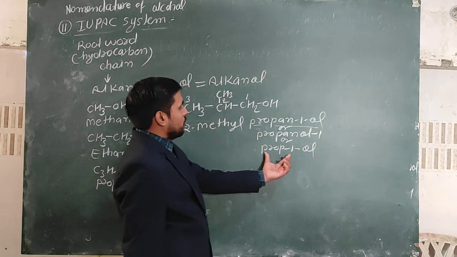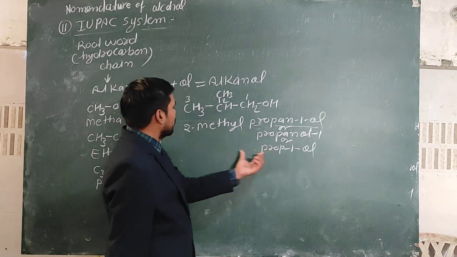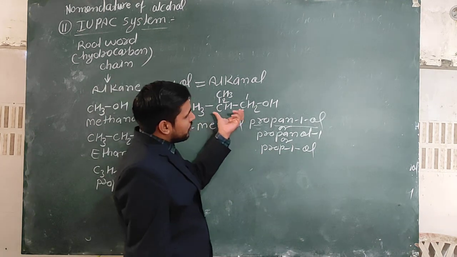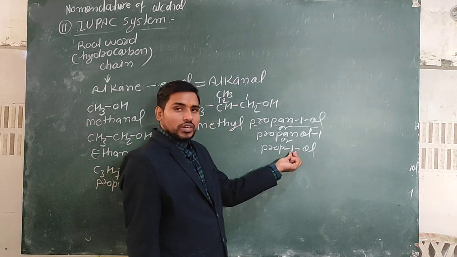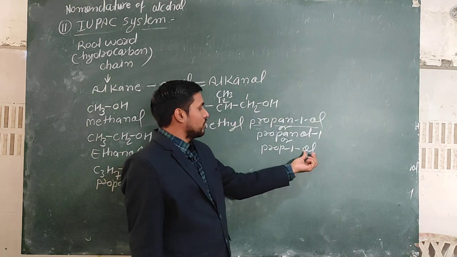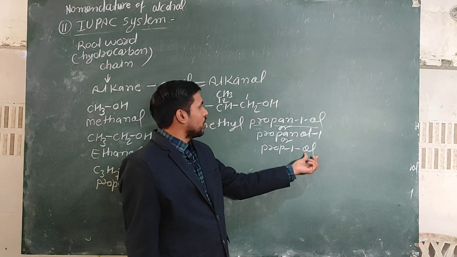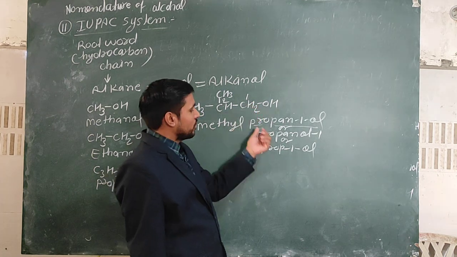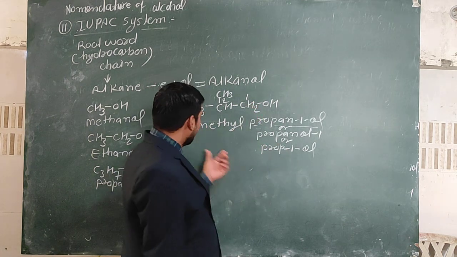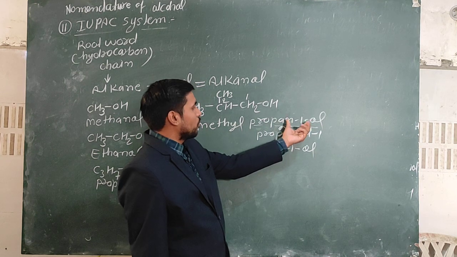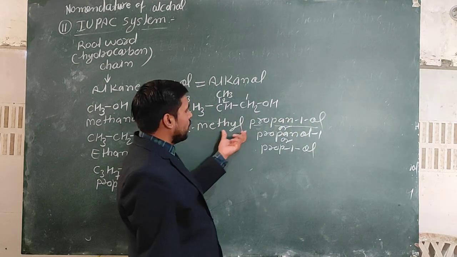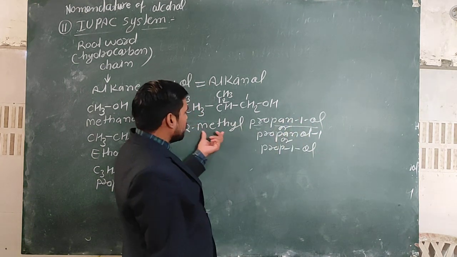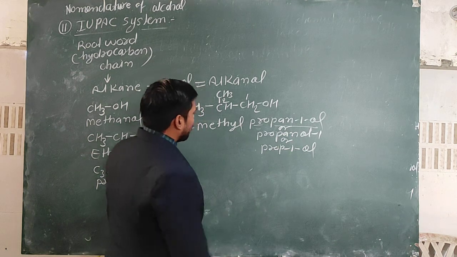It is the correct name, prop-1-ol. Prop means 3 carbon atoms are present in this compound, and ol is used for the OH group which is directly attached to the first carbon atom. So the name is 2-methyl propane 1-ol, or 2-methyl propanol 1, or 2-methyl prop-1-ol.